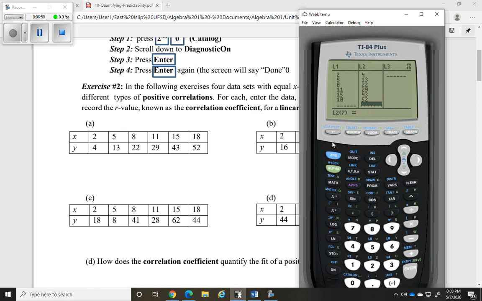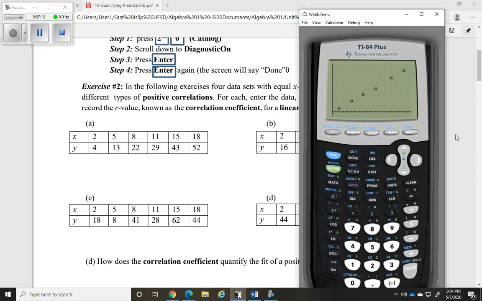So remember, second stat plot, go to number 1, make sure your plots are on, make sure you choose the scatter plot, and let's do zoom stat. Notice it is a positive correlation. Looks almost perfect, right? It's almost a perfectly straight line.